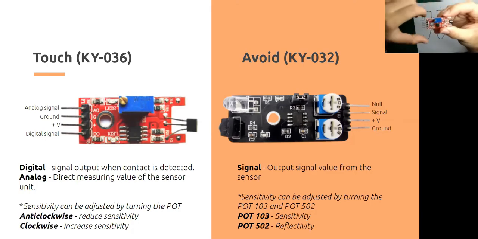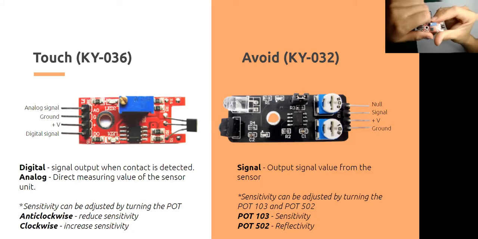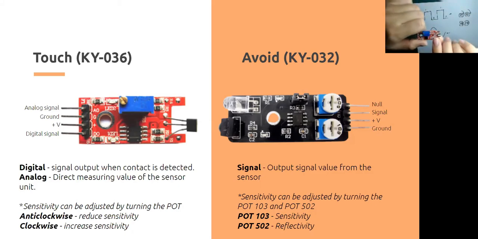So that is what the digital signal does. It lets you know whether the contact is detected. The analog signal is the measuring value of the sensor. It will produce from 0 to 1023 to let you know around where it is when you touch the sensor.